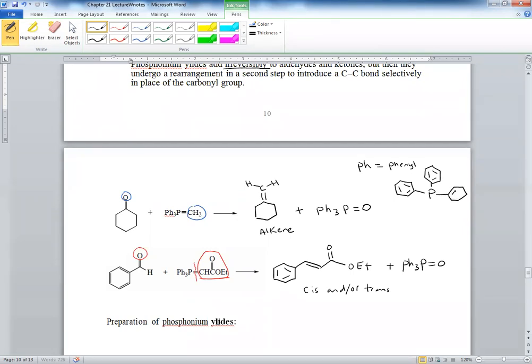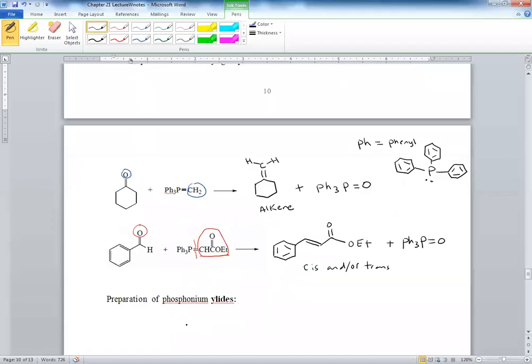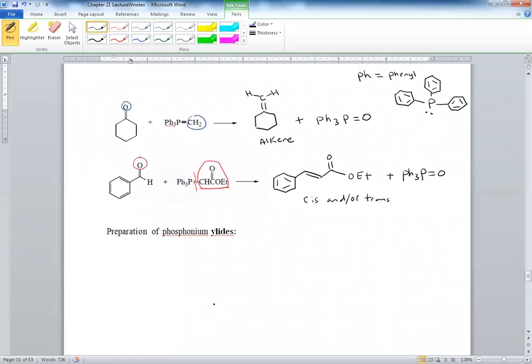That's the Ph3P. There's a lone pair on it. Before, of course, we're going to see that in the preparation of the ylides. So let's examine the phosphonium ylide.